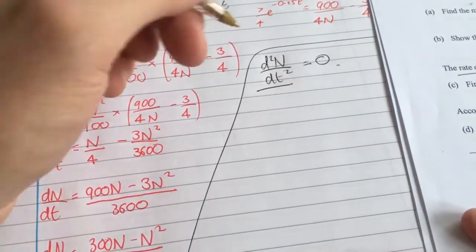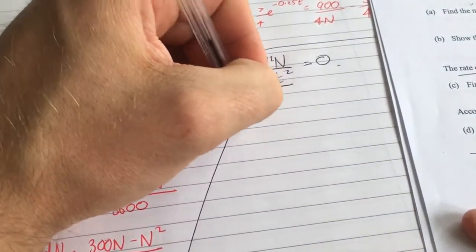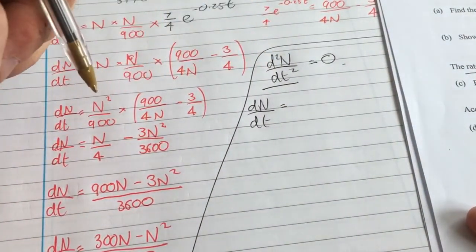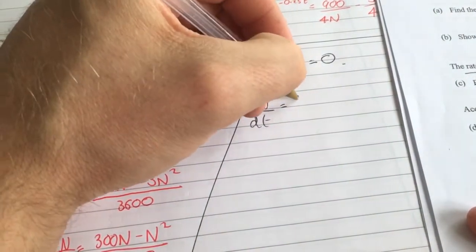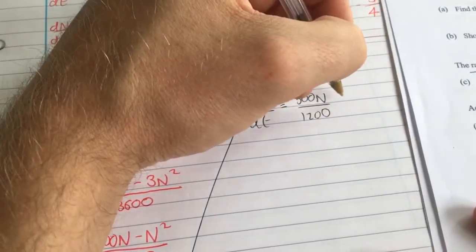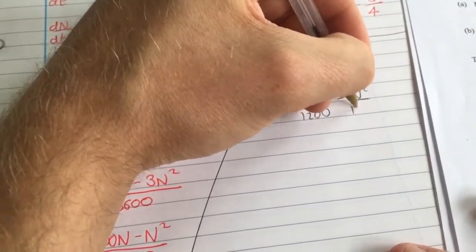So our n equation, dn by dt, if I expand it all again, we get 300n over 1200 minus n squared over 1200.